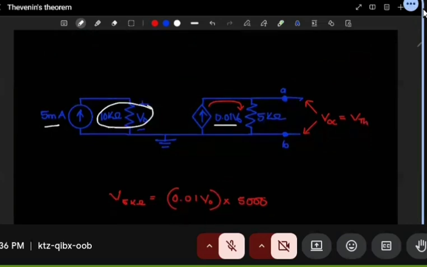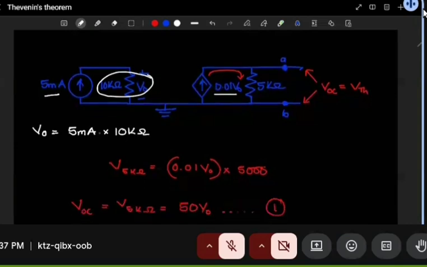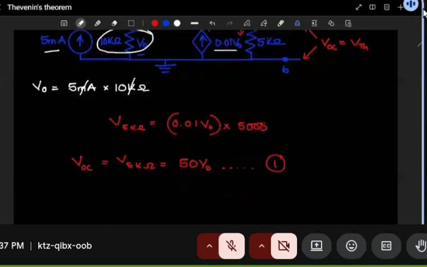So the voltage across the 10 kilo ohms, which is V0, will be equal to the current that will pass there, which is 5 milliamps, multiplied by the resistance there, which is 10 kilo ohms. Here we see the milli and the kilo will do opposite to each other, so they'll cancel out. So we're just multiplying 5 and 10. So 5 by 10 is 50, giving us V0 as 50 volts.